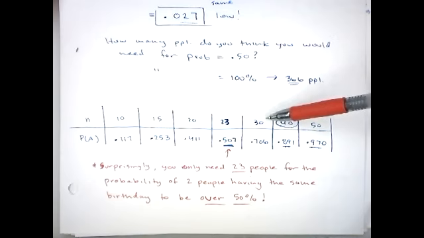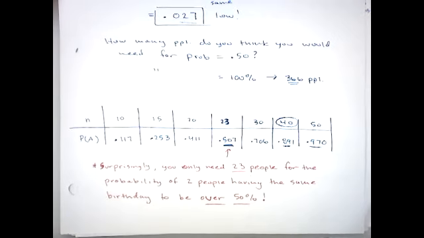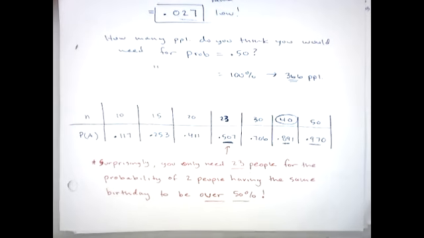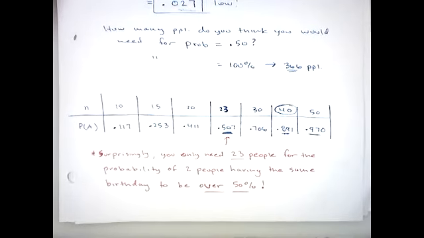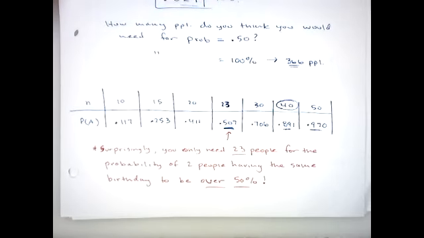And if you get 30 people in a room, it's about 71%, 40 people in a room, it's 89%, and 50 people in a room, it's almost going to be a guarantee, right? 97% chance that 2 people will have the same birthday. And this is a really fun thing to do. If you're watching this ahead of one of my classes, every time we talk about probability, I'd love to test it out.